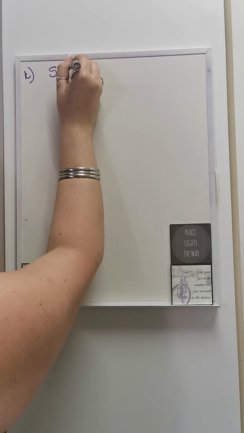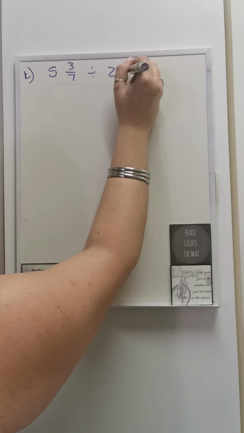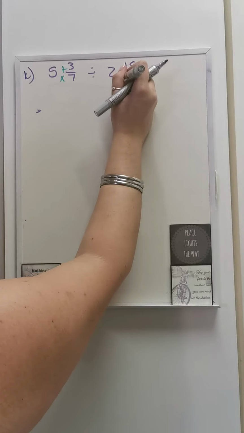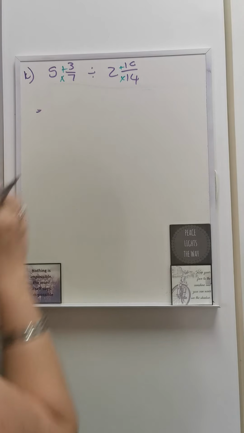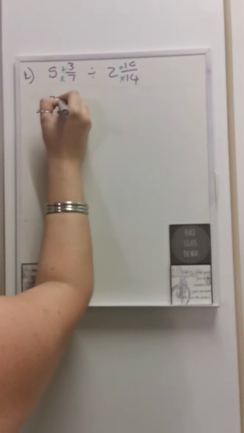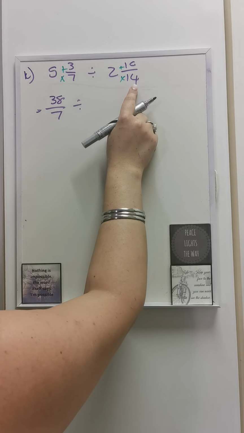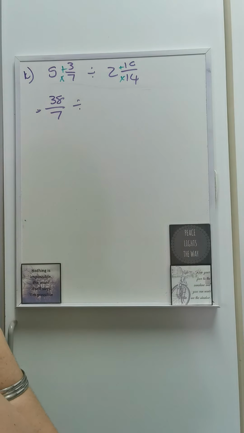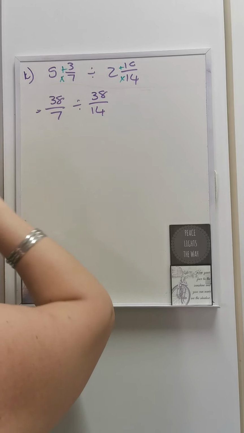K is 5 and 3 over 7 divided by 2 and 10 over 14. I'm going to have to times and plus. 5 times 7 is 35, 36, 37, 38 over 7. Divided by 38 over 14.